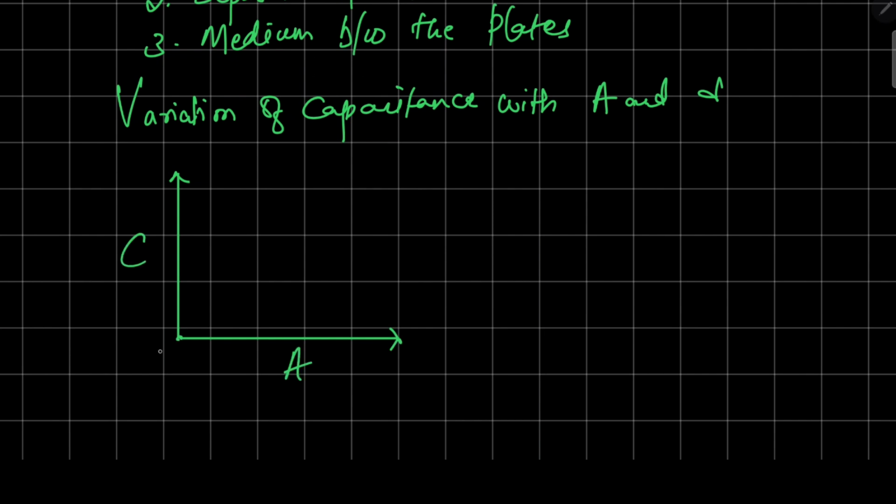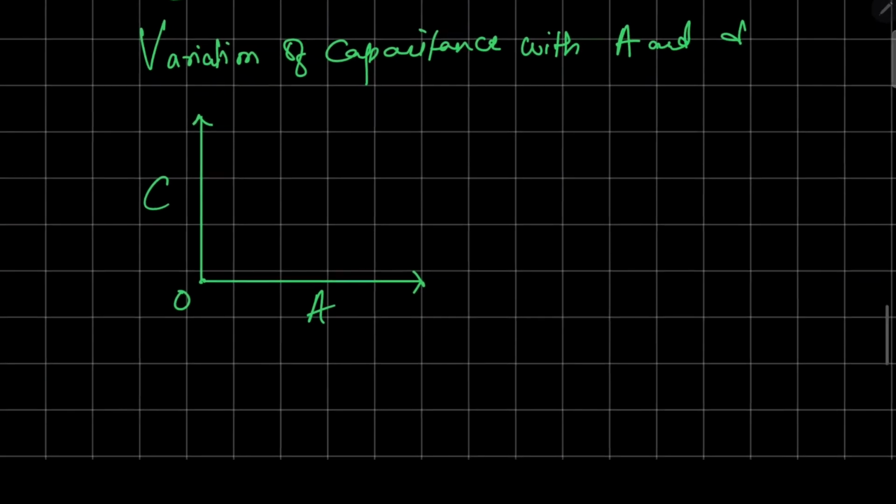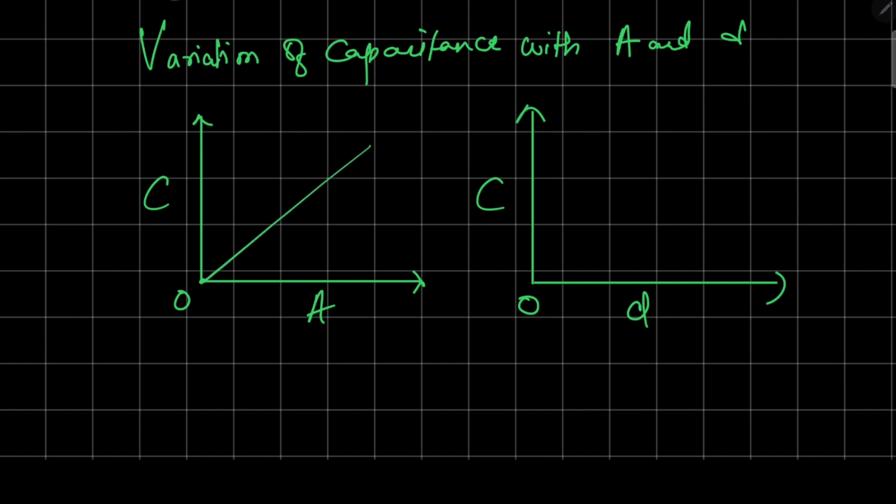So this is my capacitance, this is my area, and similarly next we will show the variation of capacitance with separation. The area and capacitance are directly proportional, so you get a linear graph like this, whereas capacitance and separation are inversely proportional, so we get a graph like this, which shows the inverse relationship.